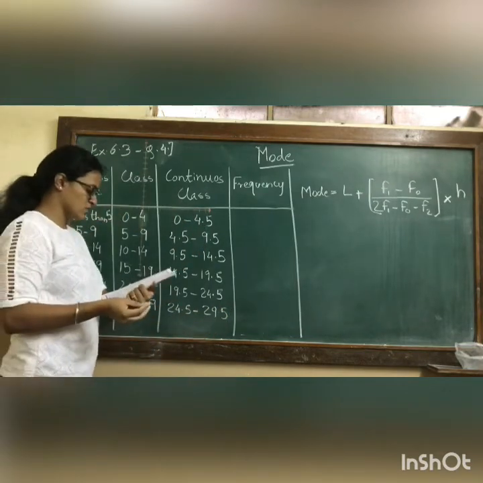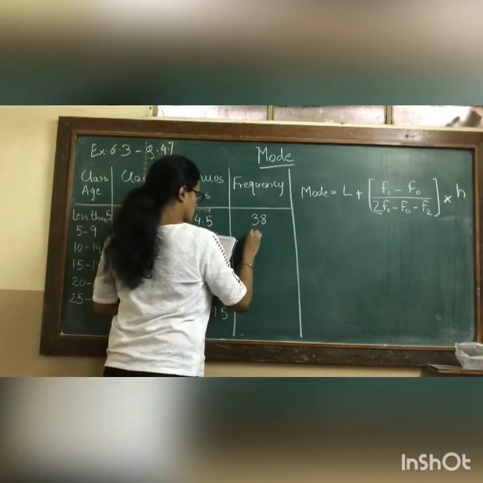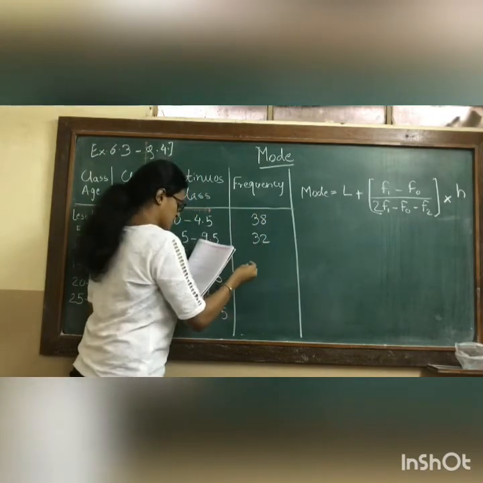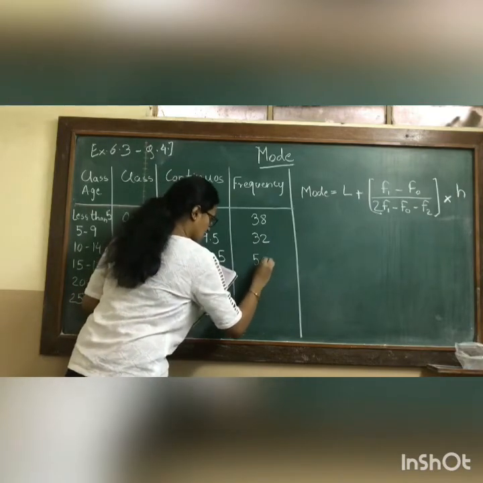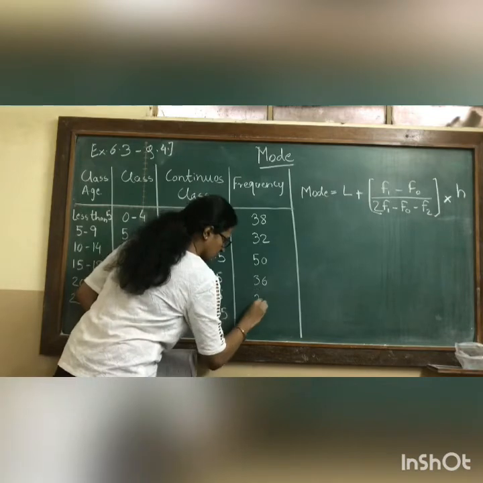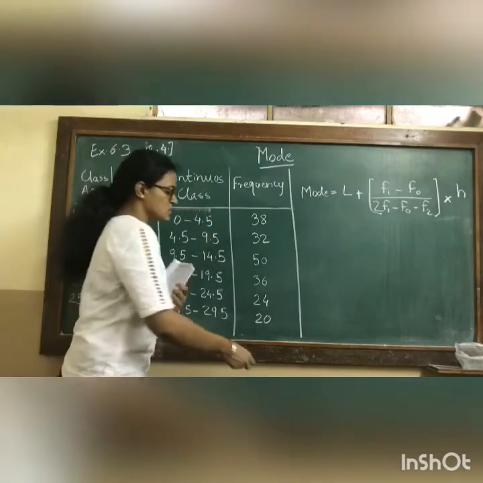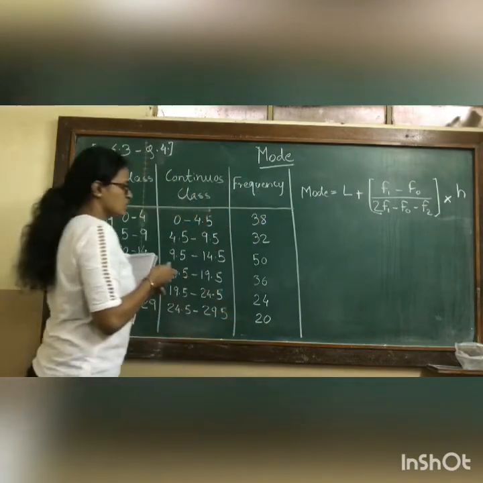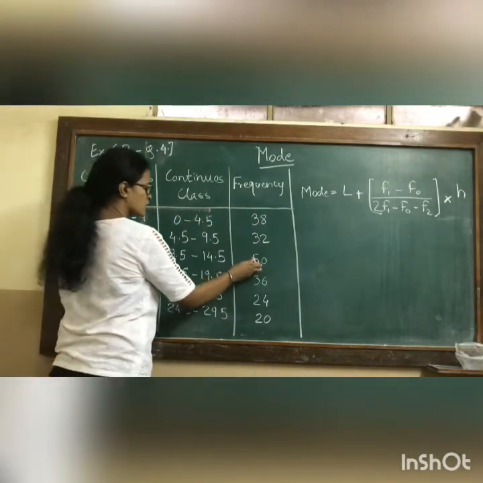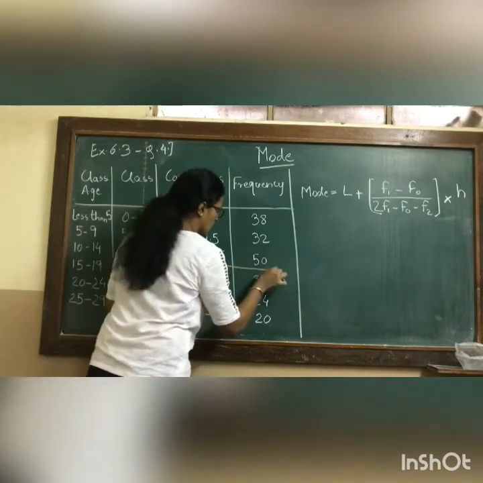Next we have to write down the frequencies as it is. You see, the class with the highest frequency is 50. So this becomes our modal class.